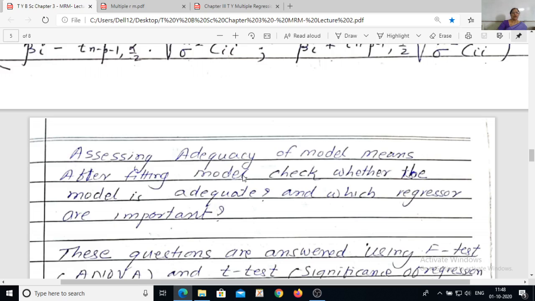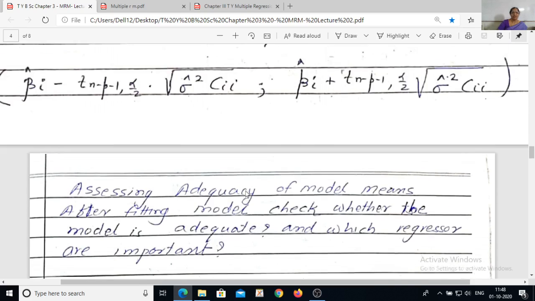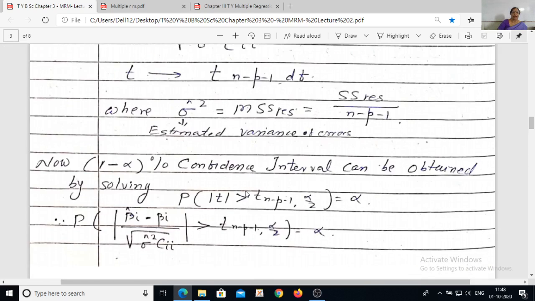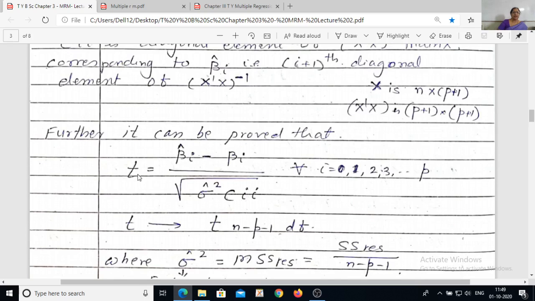So in order to assess the adequacy of the model, there are three different criteria. The first one is to carry out the analysis of variance, that is ANOVA. Then carry out a simple test for your regression coefficient beta I, because we know that t is equal to beta I cap minus beta I upon square root of sigma square into CII.